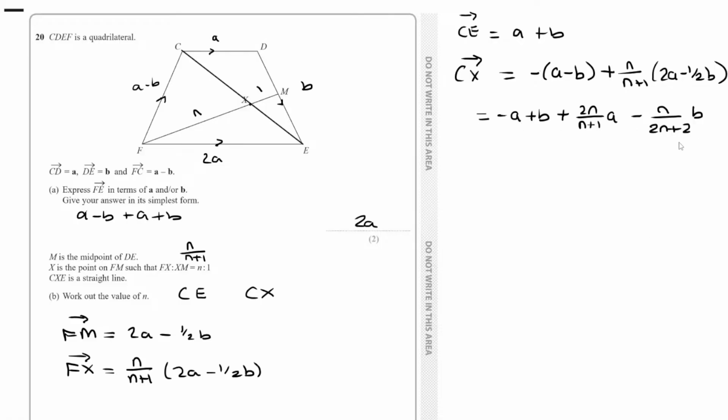And then I want to get A and B together, because this is technically a minus 1 and this is a positive 1, isn't it? So the way that I just get them together is I would factorize it again into single brackets. That's probably what I would do. Minus 1 A. This is the bit where you don't get many marks for it, so it's kind of almost pointless. And then 1 minus n over 2n, that bit B. See how I've got something A, something B. That's what you want to do.